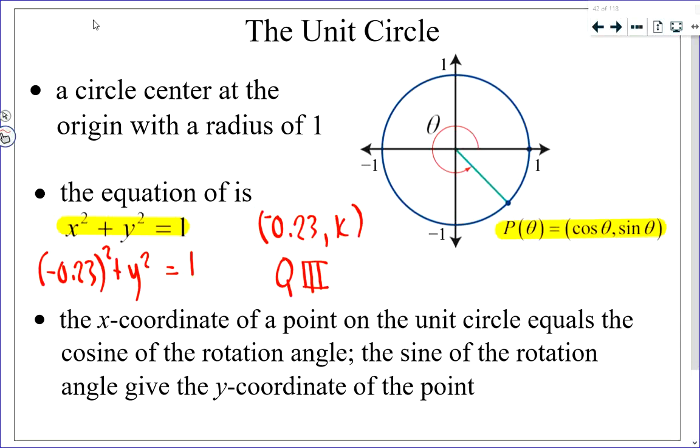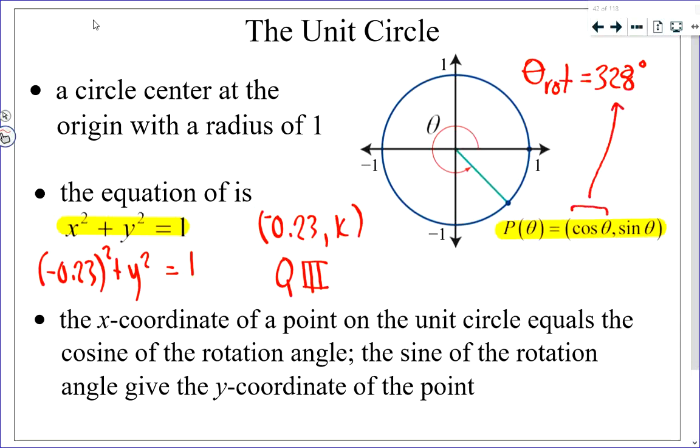Similarly, you sometimes get questions that simply tell you a terminal arm has a rotation angle of 328 degrees, what is the x-coordinate of the point of intersection of that arm with the unit circle? Well, the x-coordinate is the cosine of theta.